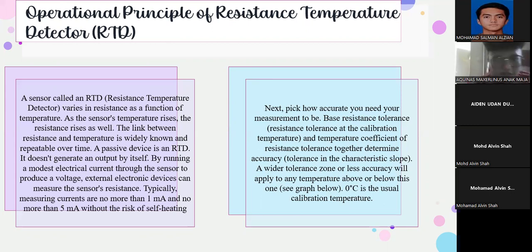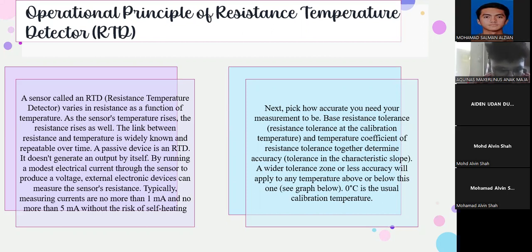Next is the resistance temperature detector, RTD. An RTD is a sensor that varies in resistance as a function of temperature. As the sensor temperature rises, the resistance rises as well. The link between resistance and temperature is widely known and repeatable over time. An RTD is a passive device.